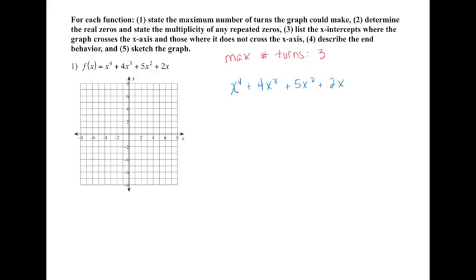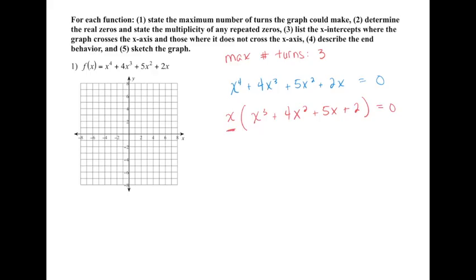Anytime you can factor something out, you want to factor it out because when it's asking for zeros, it's really asking for what makes this guy 0. That's what it's asking, okay? So the first thing I notice is I can take out an x. So I can take one x out. I get x cubed plus 4x squared plus 5x plus 2.